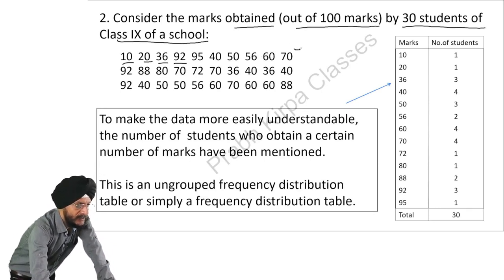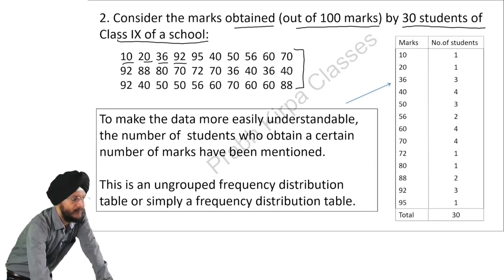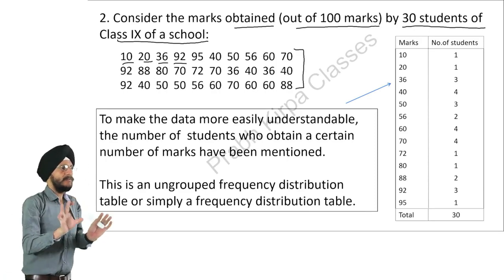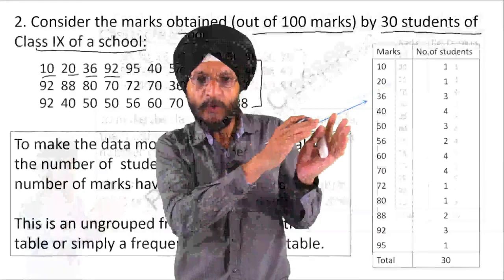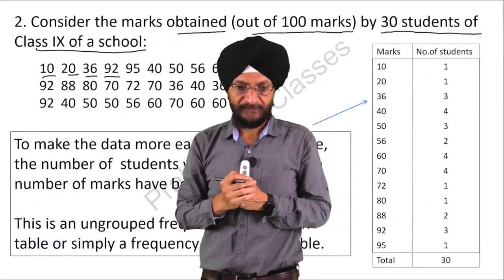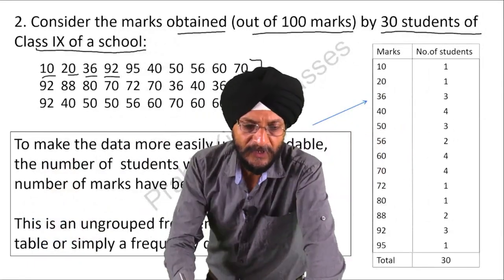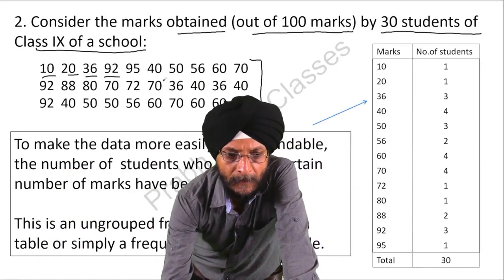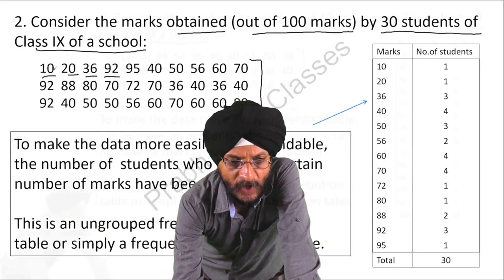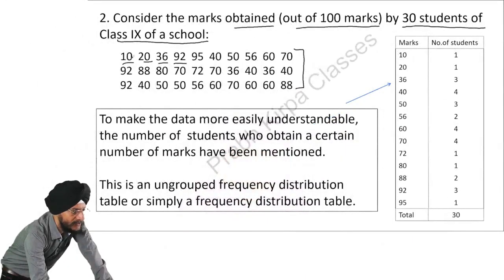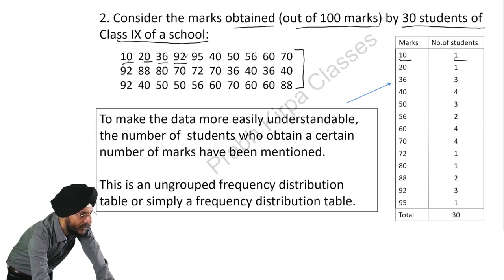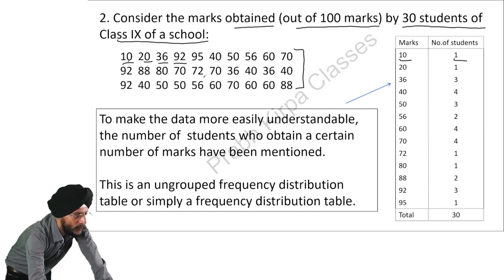If we simply go through this data, we cannot make anything of it because the data is lengthy. However, we can do this: we will find out how many students have 10 marks. We find that this is a single student. In the same way, has any other student obtained 20?